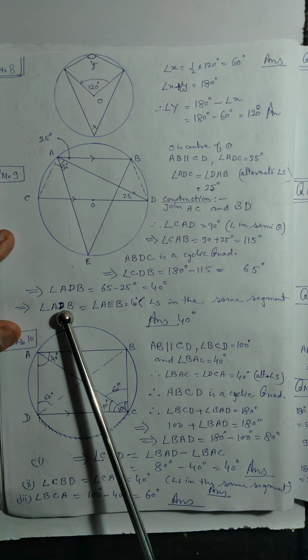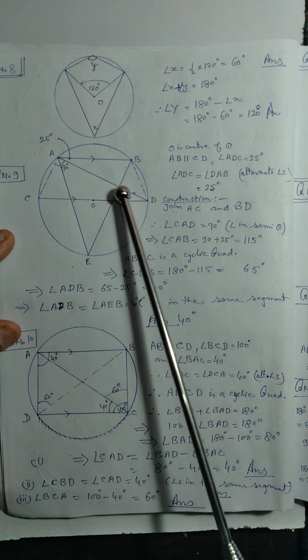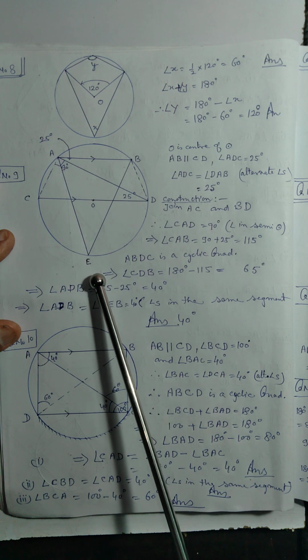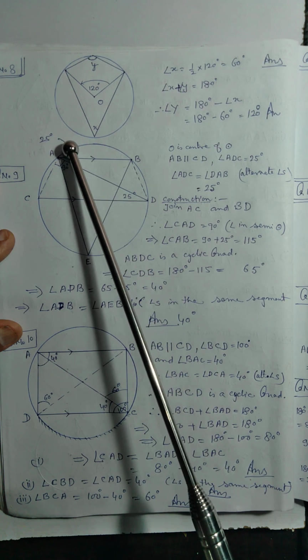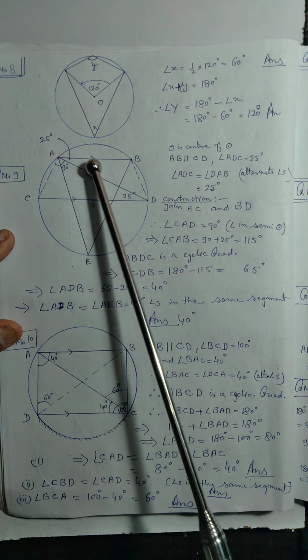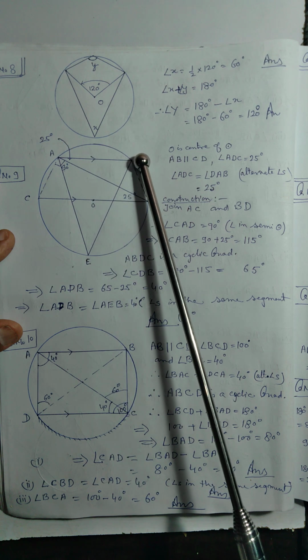Now ADB and AEB, these are the two angles in the same segment. These are the two angles subtended by the same segment, that is AB.